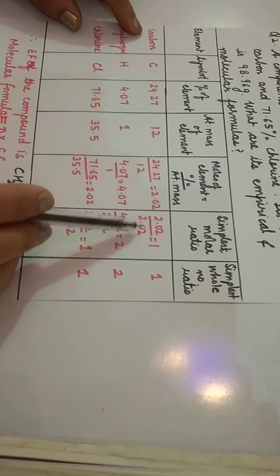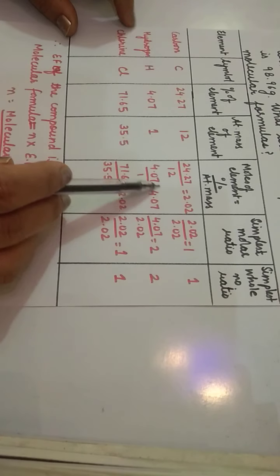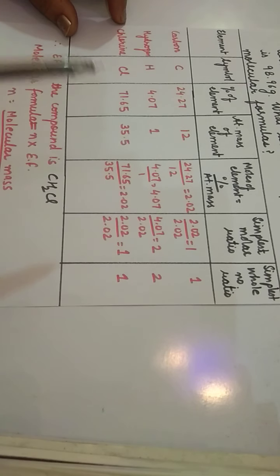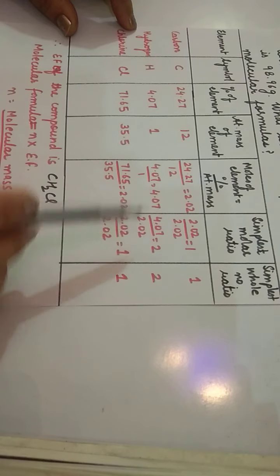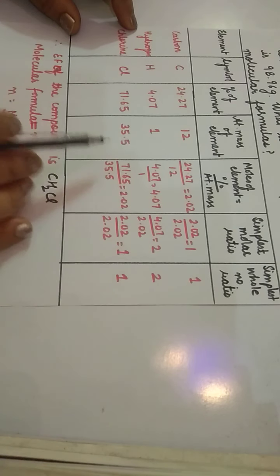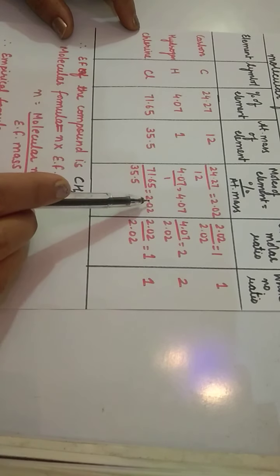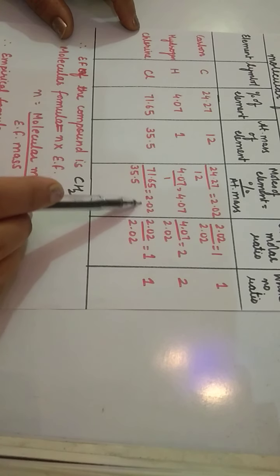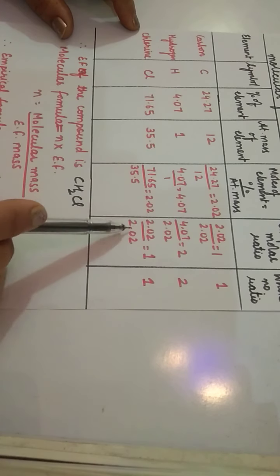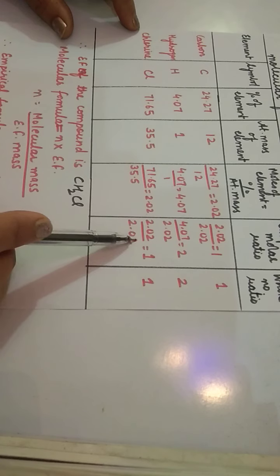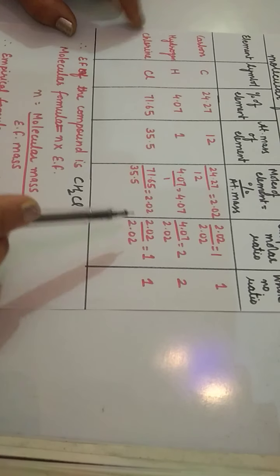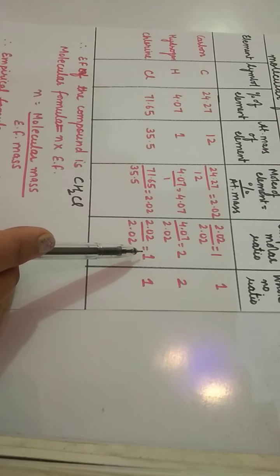So moles of element divided by smallest number is equal to 1. Again, moles of element divided by the smallest number, 2.02, is equal to 2. Again here the moles of element is 2.02, divided by smallest number 2.02 will give you 1.